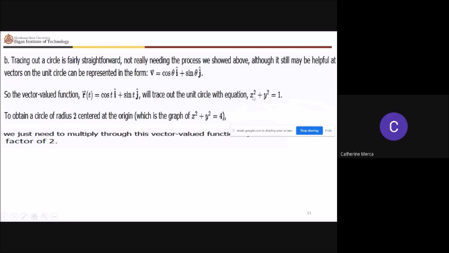To obtain a circle of radius 2 centered at the origin, x squared plus y squared equal to 4, we just need to multiply this vector valued function by a scalar factor of 2.